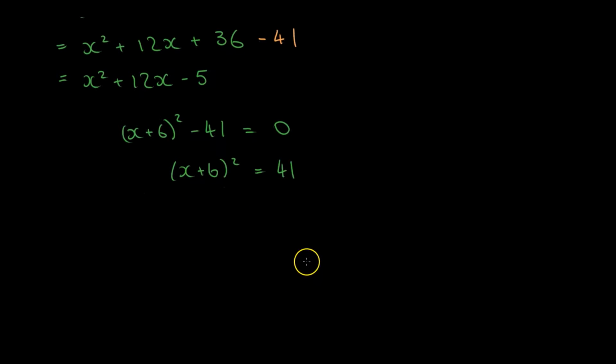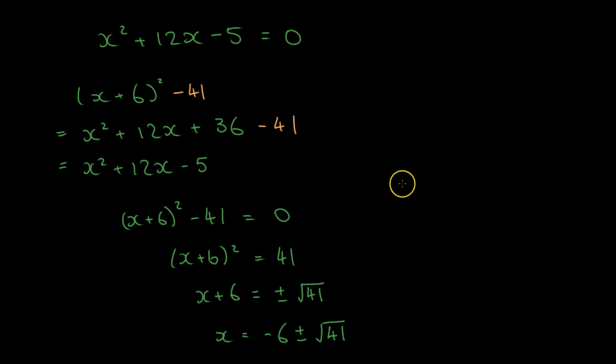And then take the square root, remembering that it can be positive or negative. So we've got plus or minus the square root of 41. Then we can subtract 6 from both sides. So minus 6 plus or minus, this is the notation we use, of the square root of 41. So that's our second example of solving a quadratic equation by completing the square.